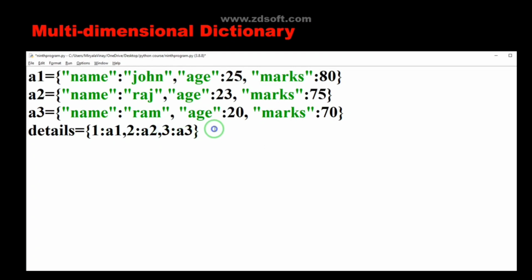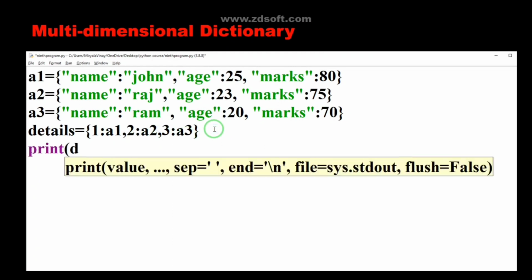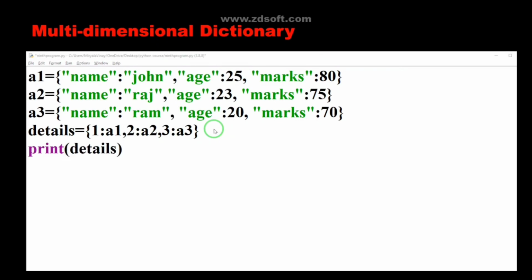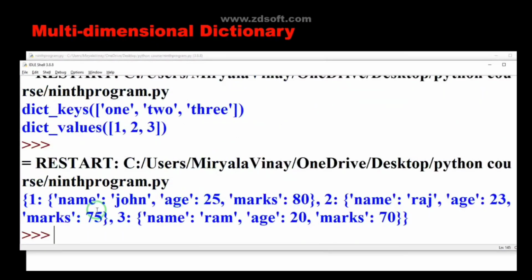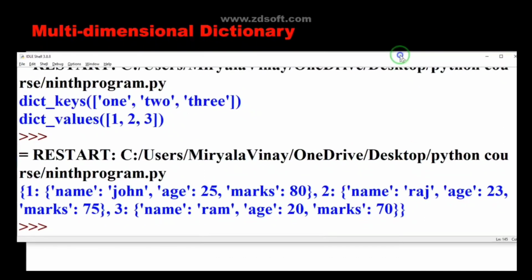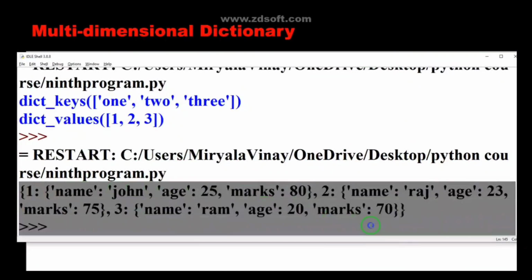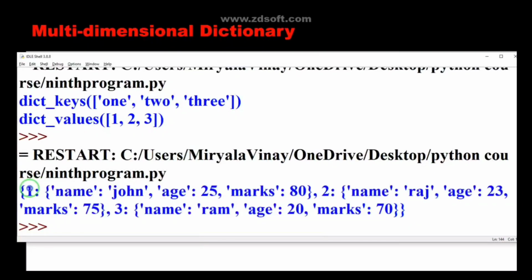When I run this to display the details, you can see the whole dictionary has been created. In it we have key 1 with the value name John, age 25, marks 80, and another key value pair with key 2 and value as another dictionary, A2.